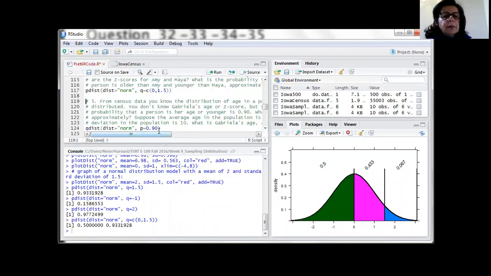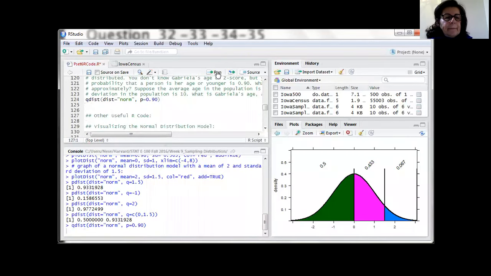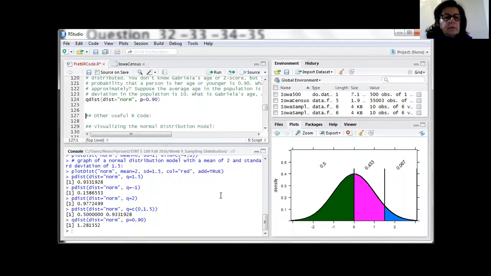We know the probability, but we would like to know the z-score. So we are going to use QDIST and provide the probability. It should be 1.28.